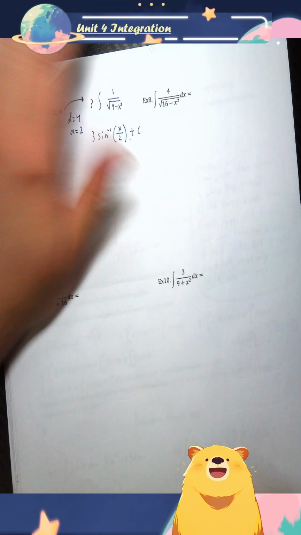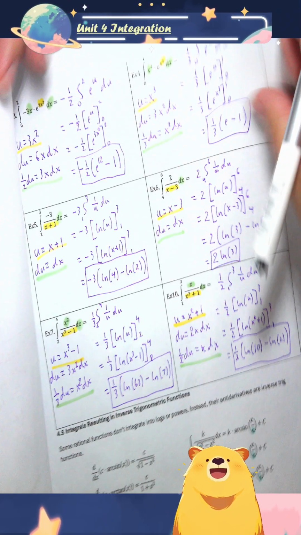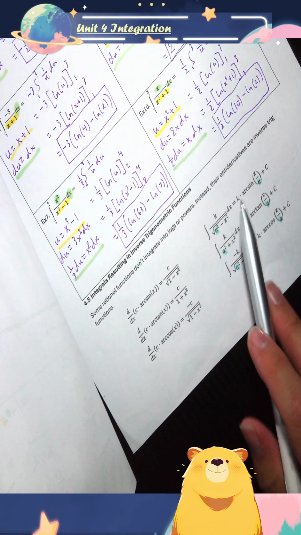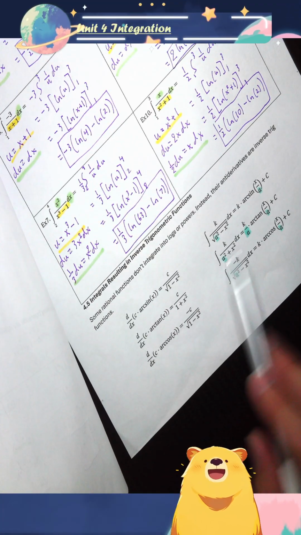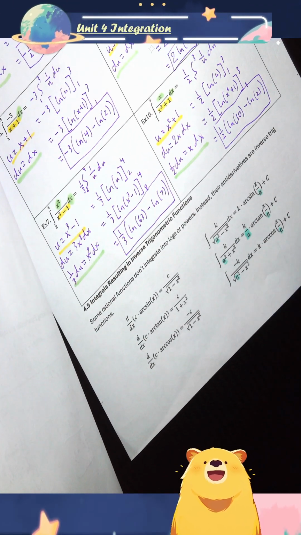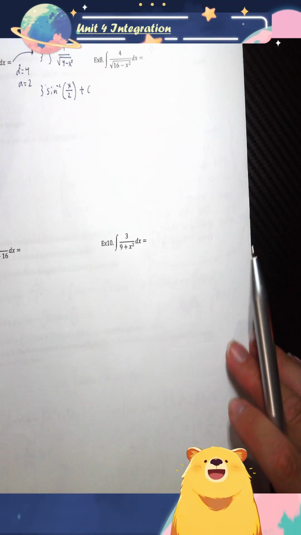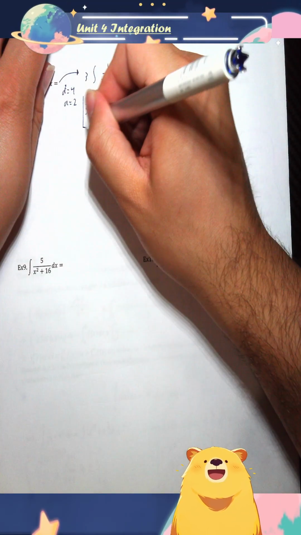So that's pretty much it. We're just kind of copying and pasting the formula at that point. The only one where that a becomes a bit more important is the arctan, but you'll see it pop up, so we should be good.